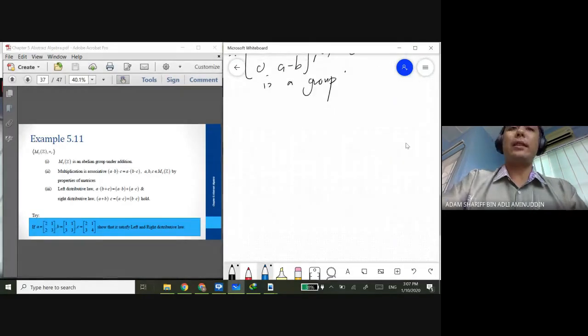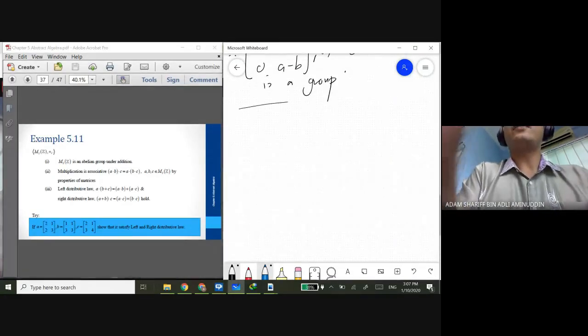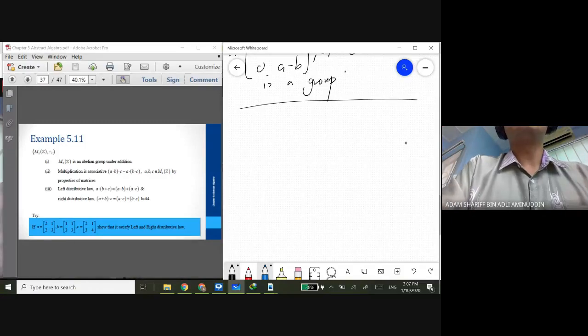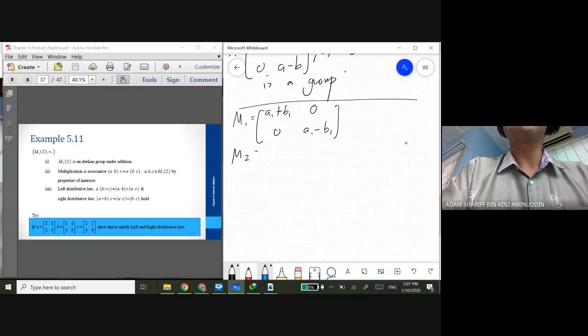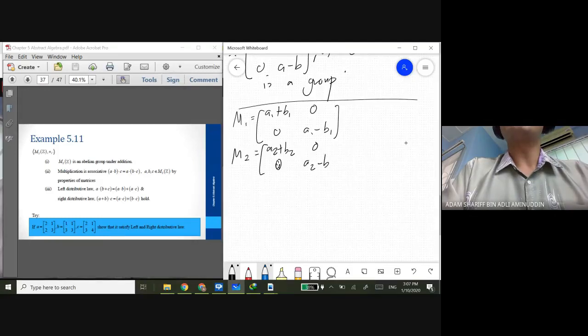Okay, for commutative, for this kind of group, I take the first matrix, M1. It is A1 plus B1, 0, 0, A1 minus B1. And I have a second matrix, A2 plus B2, 0, 0, A2 minus B2.